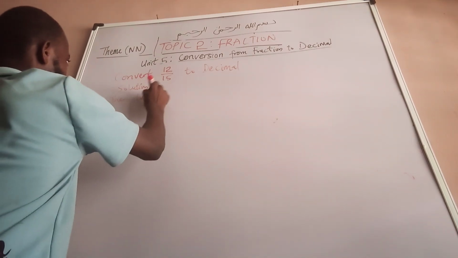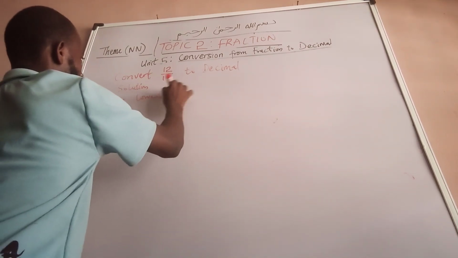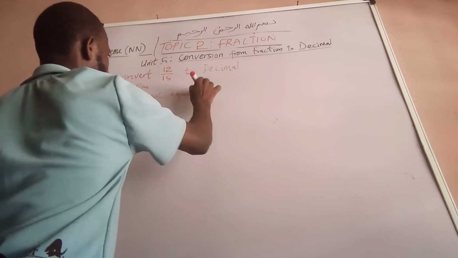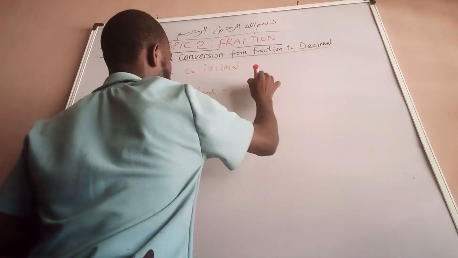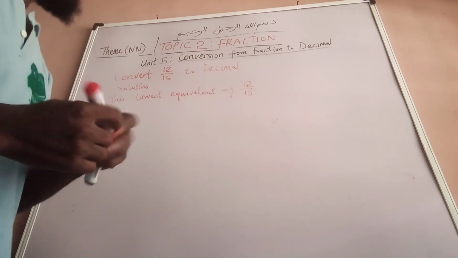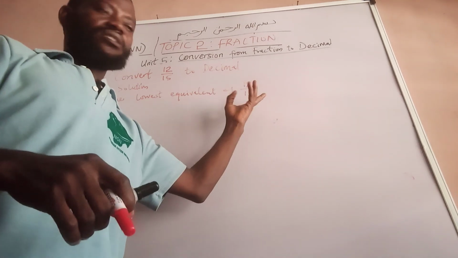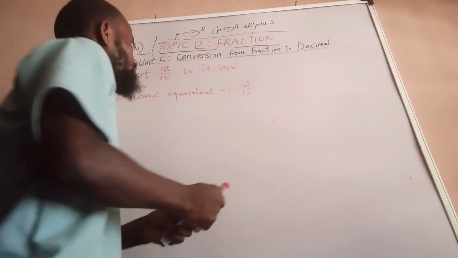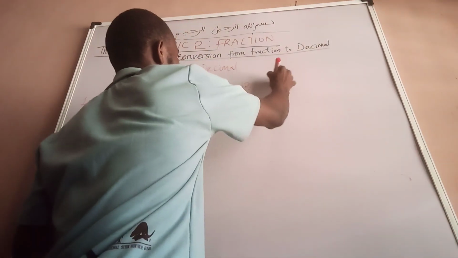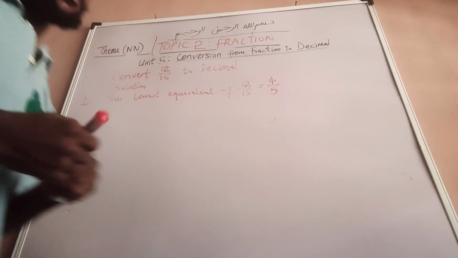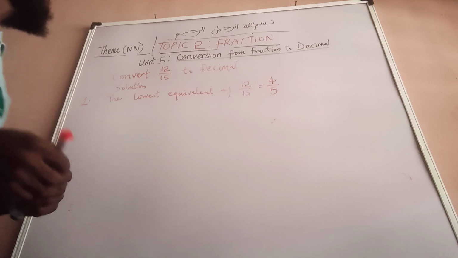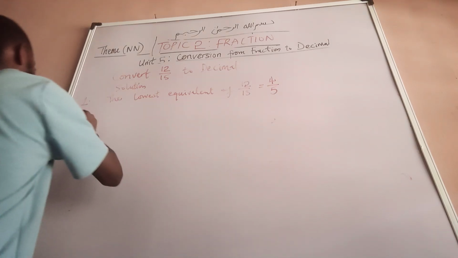The lowest equivalent of 12 over 15 is what? What can go in 12 and 15? That's 3. 3 goes in 12, how many times? 4 over 5. Good. We are moving. Now, step 2.